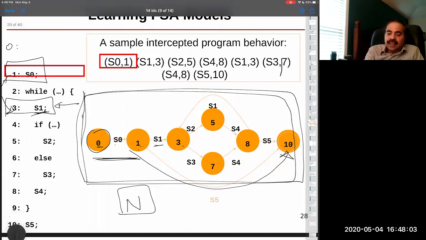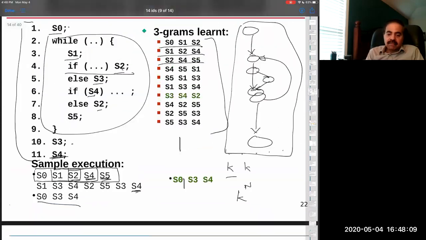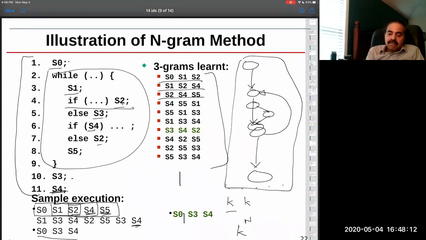On the other hand, n-grams don't say anything about that. For example, from S1 there is this kind of transition that can take place: you do S1, then S3, S4, S5, and S4.